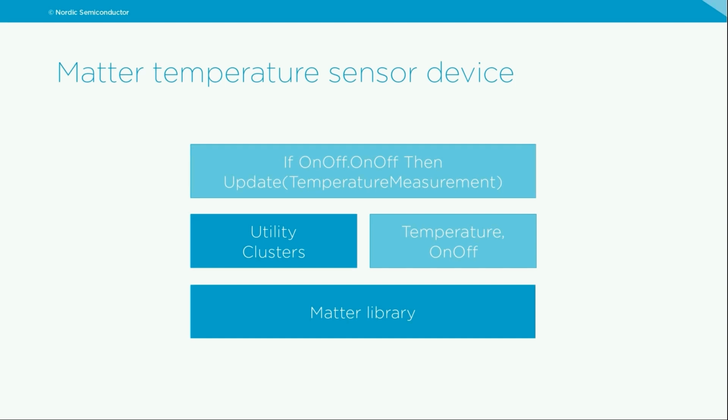During this exercise, I will demonstrate how to create a temperature sensor device that can be turned on and off. To that end, I will enrich the template sample with temperature measurement and on-off clusters, and with the application logic that will periodically fetch the simulated temperature sensor and update the corresponding cluster attributes.